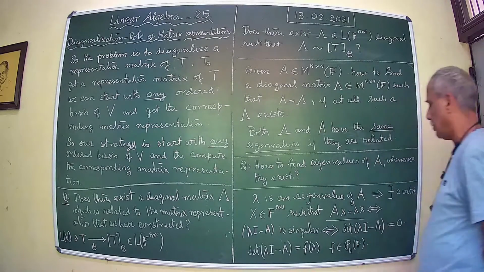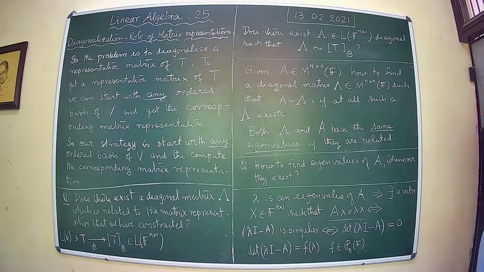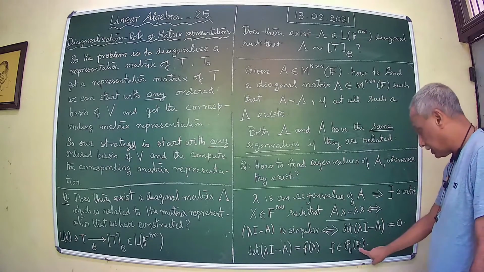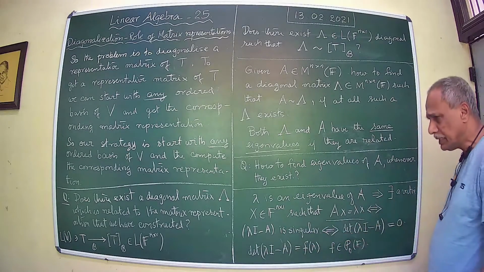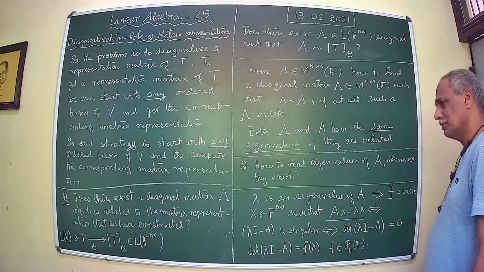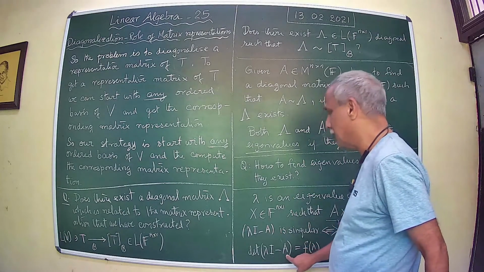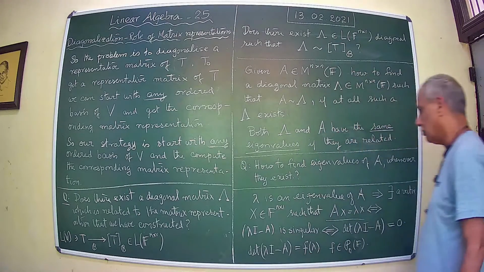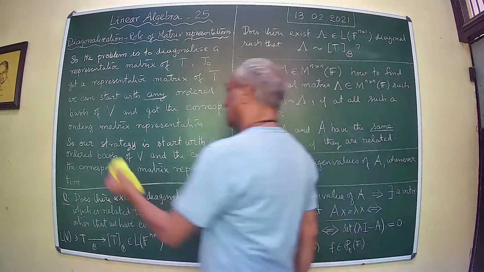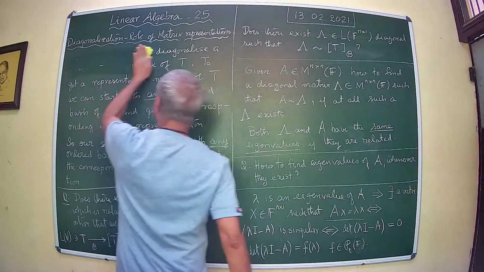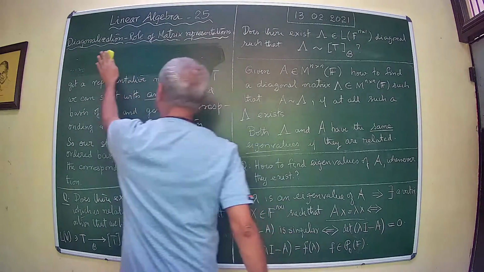That means it is a polynomial of degree n over the field F. Quite easy to work it out. Okay. You have to compute the determinant of lambda I minus A. Now, if you want explicitly, you can do this.